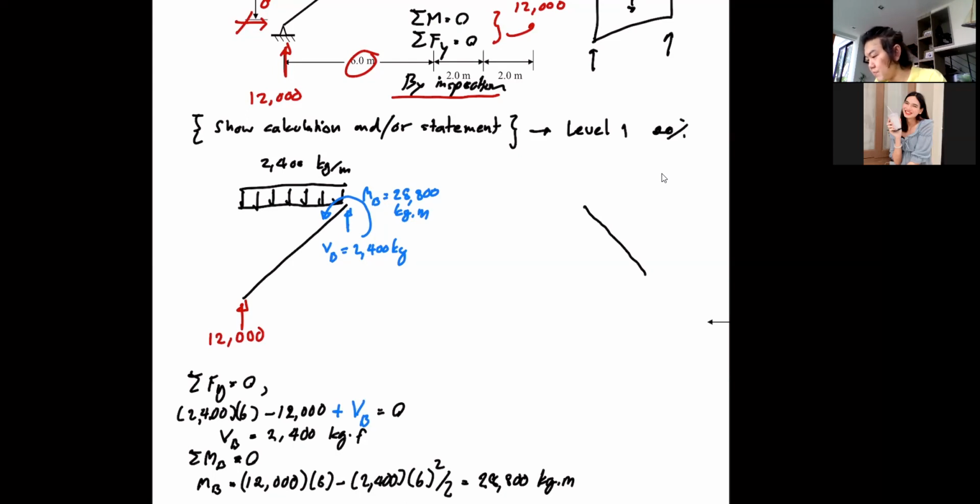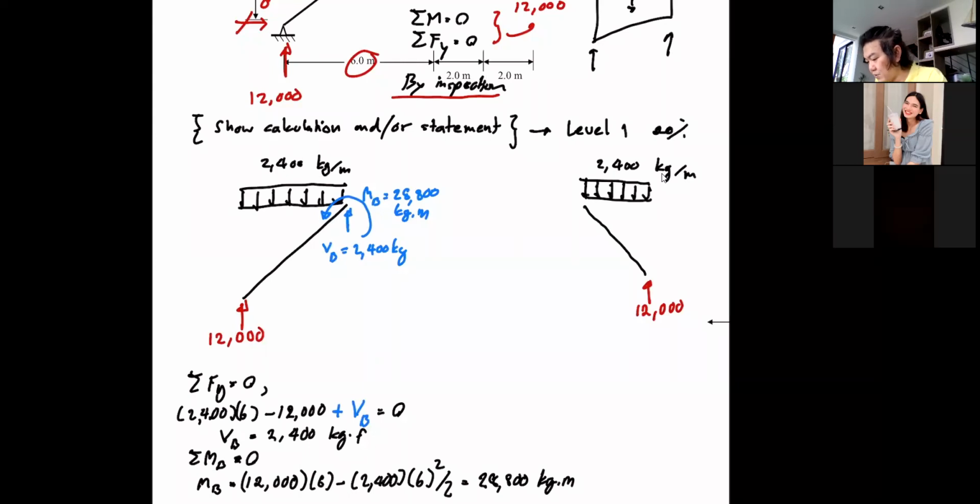So now we also know that we have the reaction here, and we have the uniform load acting down like this. That is also 2400 kilogram per meter.